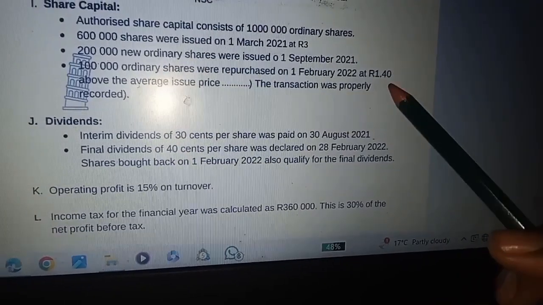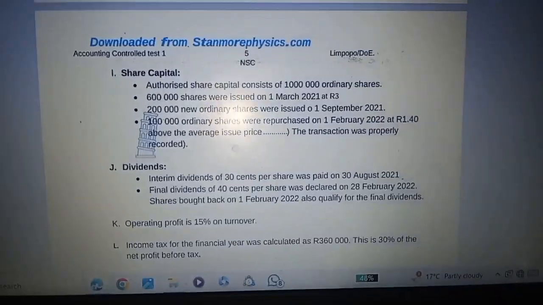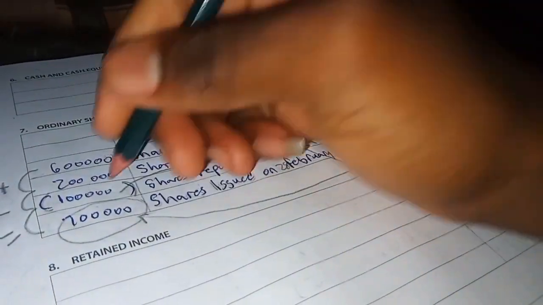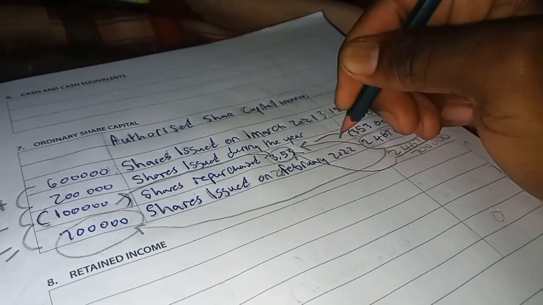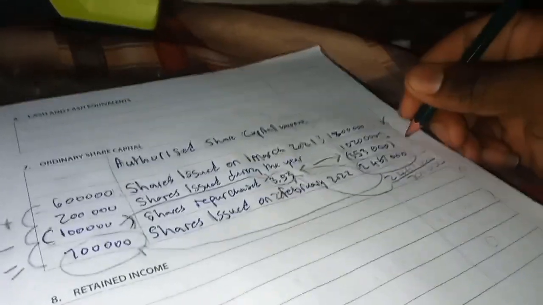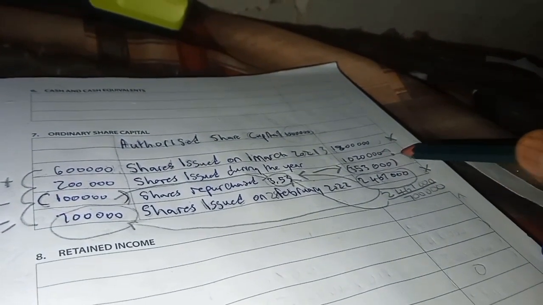We're not going to take this amount here because it is the loss on repurchase, it goes strictly to the retained income that we're going to do next. So here we are only focused on the average price. We multiply this amount by this amount and it gives you this amount. And remember, the amount of repurchase must always be in brackets.